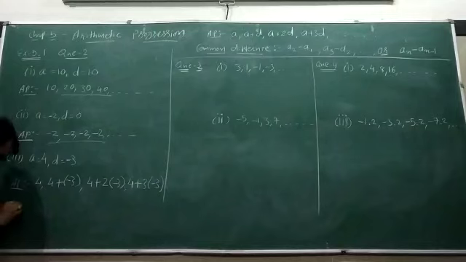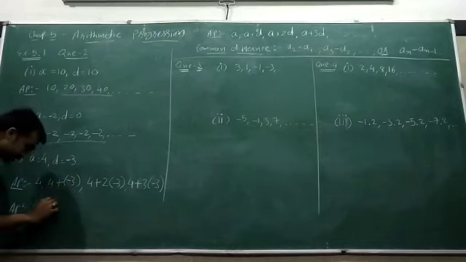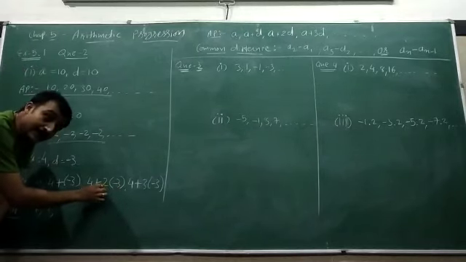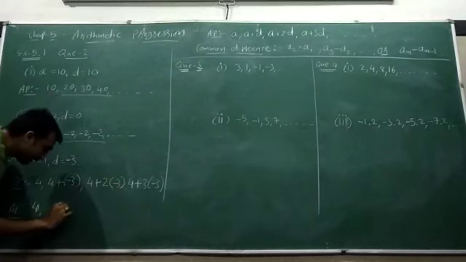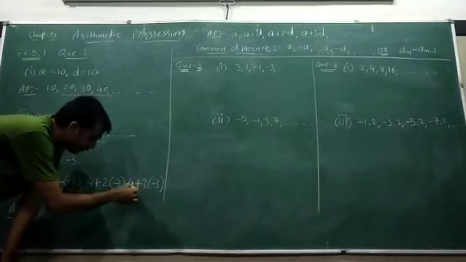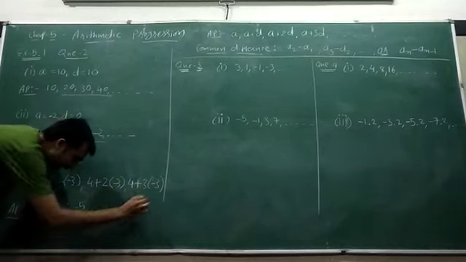So that AP will be: first term 4, second term will be 4 plus minus 3, so 4 minus 3 is 1. Third term: 2 threes are 6, that will be minus, so 4 minus 6 is minus 2. 3 threes are 9, 4 minus 9 is minus 5.